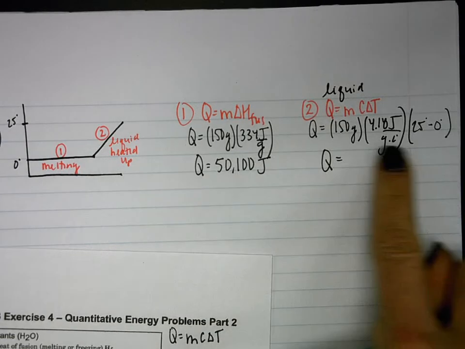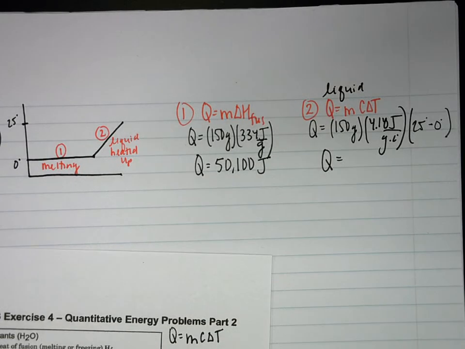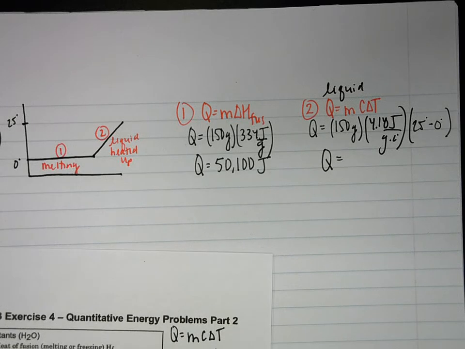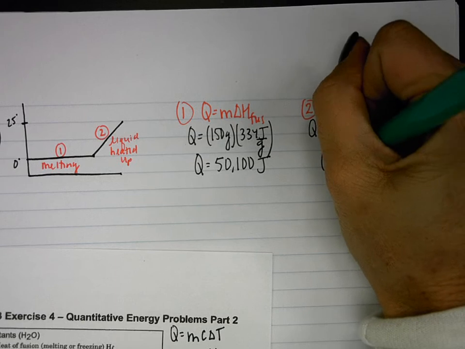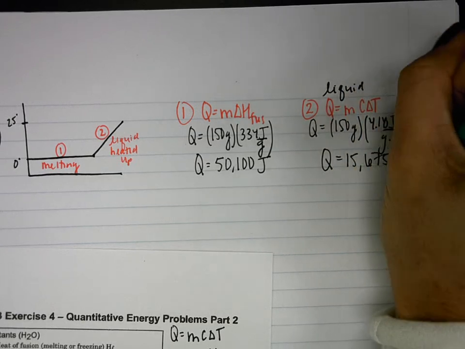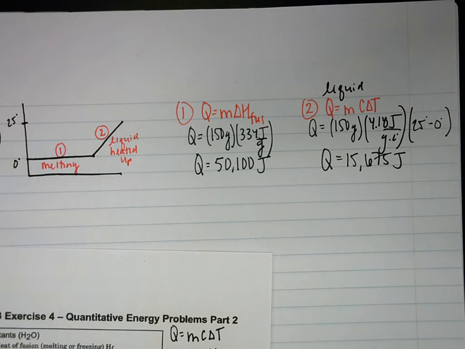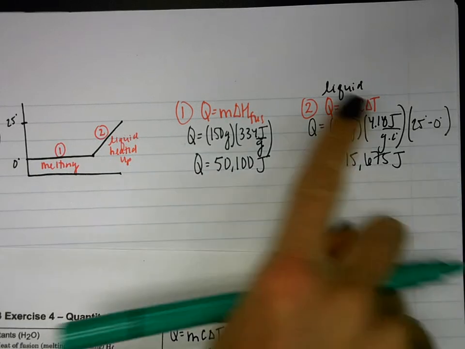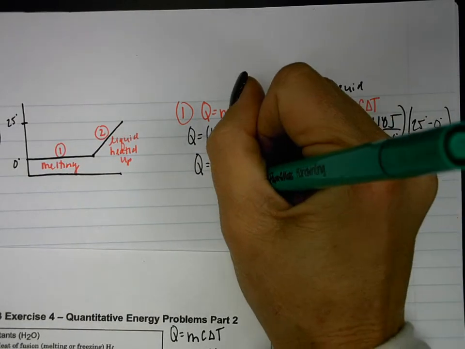So we have 150 times 4.18 times 25, and you get 15,675 joules. To know how much energy must be absorbed for the whole process, we're just going to add them together.